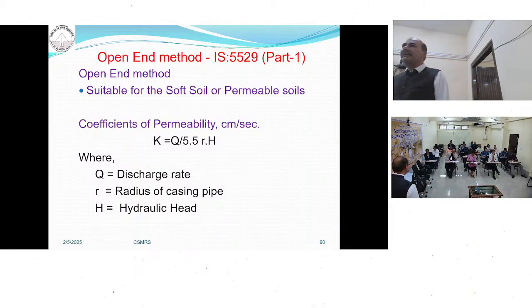To conduct the test, we pour the water into the casing, and when it is going at a constant, stationary rate, we measure in a certain time interval how much water is going into the casing. Depending upon the quantity of water that has gone and the diameter of the casing, we can determine the permeability of that strata.